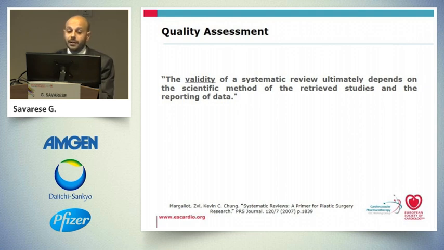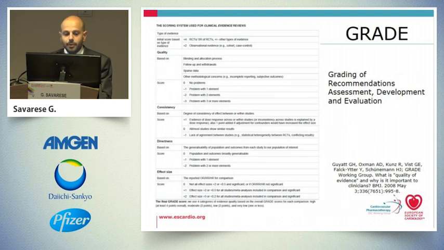Then the quality assessment of the studies that we are including in the systematic review and the meta-analysis is really important, because the validity of a systematic review depends on the scientific method of the retrieved studies and the reporting of data. If we include studies with really poor quality of data, our meta-analysis will be really poor. So there is a way to evaluate the quality of the studies we are including.